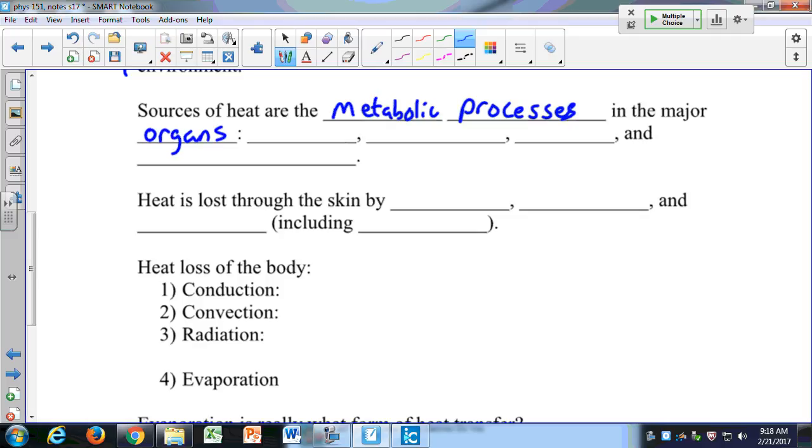So, you know, these organs do work and they produce a lot of heat. Your liver, your heart, your brain, and your skeletal muscles.